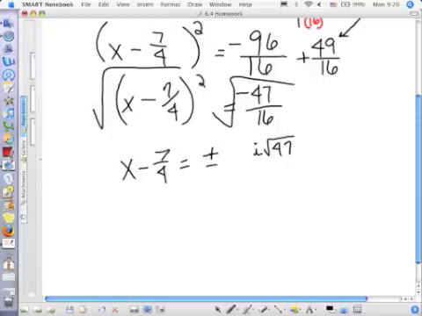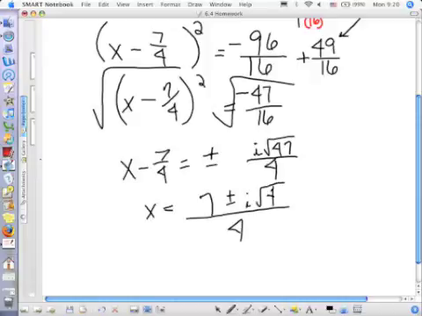And you're not going to put the i in the denominator. It goes in the numerator. It's part of the numerator. That's just how it is. When we add 7/4 to both sides, because they are both over 4, it's positive 7 plus or minus i square root of 47 over 4.